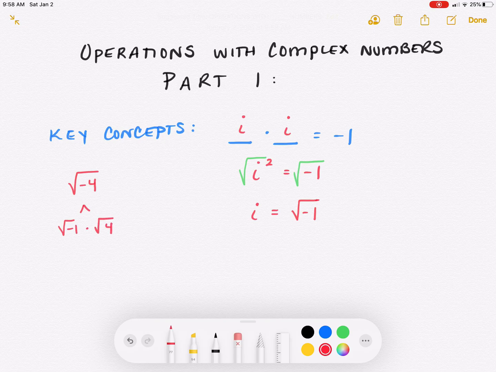And we can now simplify it: we take the square root of 4 and say that it's 2, but the square root of -1 is now denoted with the letter i. What the i does is allow us to work with negatives underneath the radical, but it gives us an easier symbol to work with. We'll see more of that as we go.